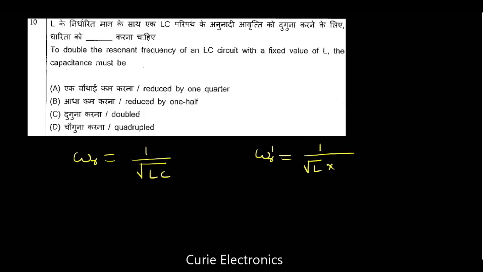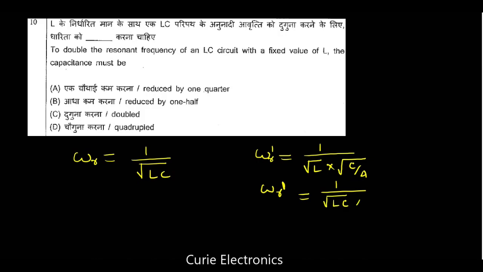I will assume that the capacitance is reduced to 1/4 of the actual capacitance, so I'll write C upon 4. I am decreasing the capacitance value 4 times. Now omega r dash equals 1 upon the square root of L times C upon 4, with LC just as the previous one.